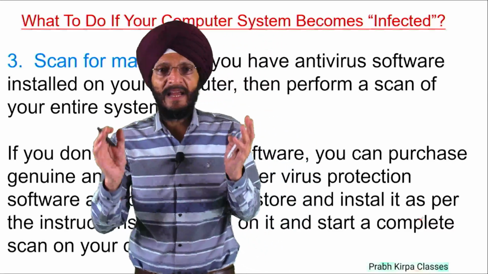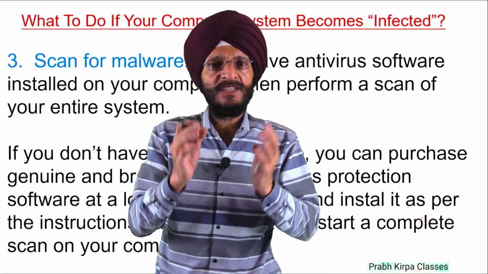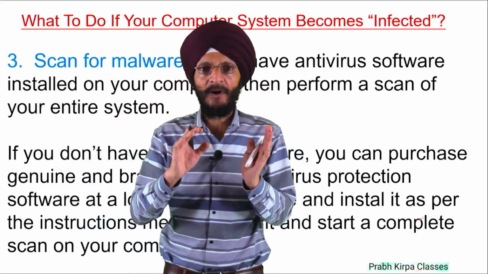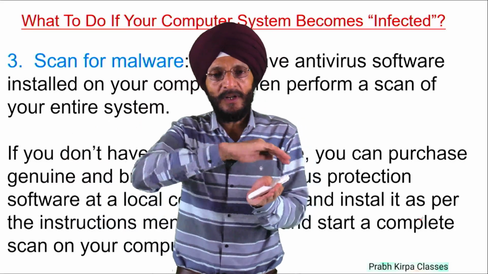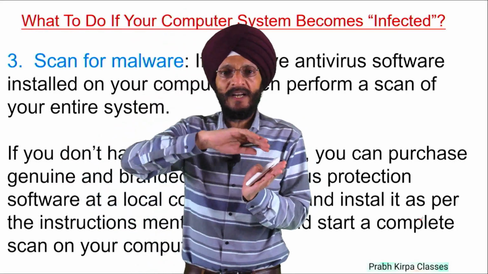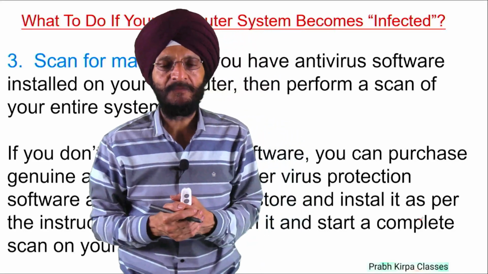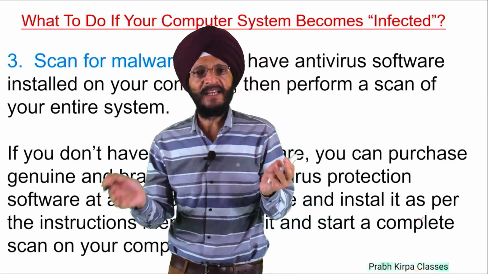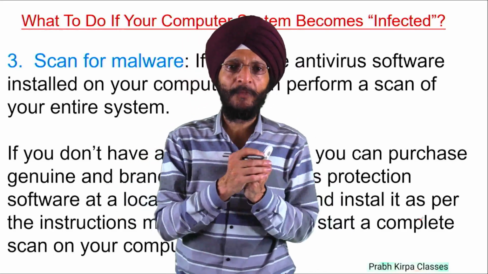Next point is scan for malware. If you have antivirus software installed on your computer, then you should perform a scan of your entire system. That is, you should run a full scan of the system. It may be possible that you do not have antivirus software on your computer.